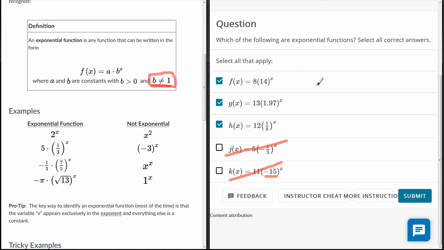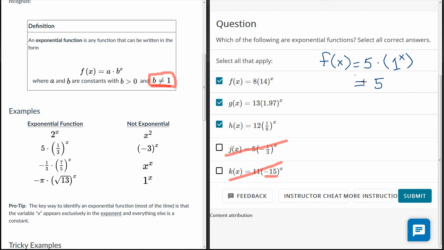Let's think about what would happen if you had an exponential function where the b was 1. A function where the b is 1 would be like f of x is equal to, say, 5 multiplied by 1 to the x power. That's what you'd get if b was equal to 1. And if you think about that, 1 to the x power is always going to be 1.